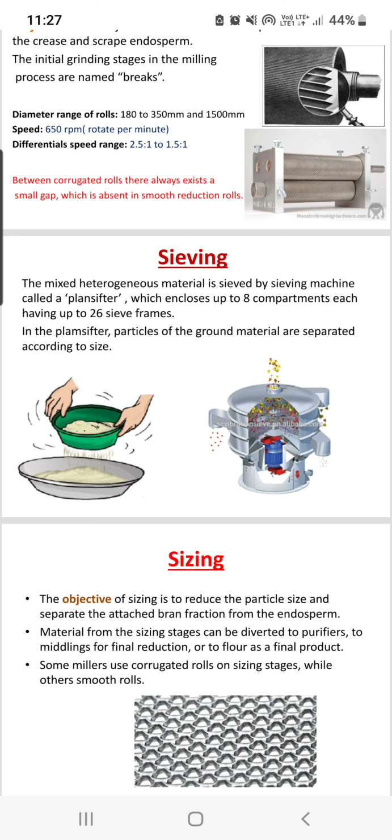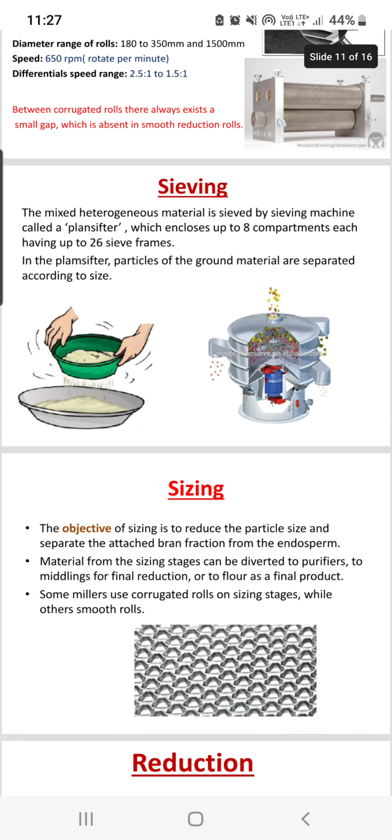Sieve frames is a set of the sieves of different pore size or different mesh size, by which we can separate out the different kind of particle size grains. In the plan sifter, particles of the ground material are separated according to their size.